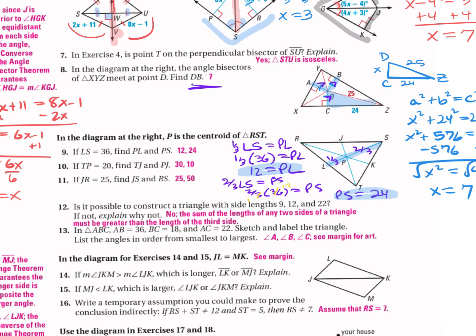For number 10, now it's going to be talking about another piece of it. So it's TP this time. TP is here. It's from the vertex to the centroid. So this is my 2/3 portion. And this is my 1/3. So TP is 20.